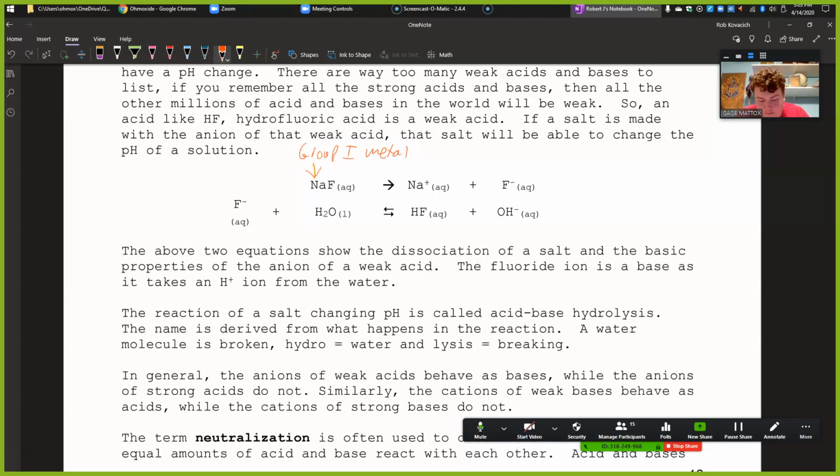What do you know about Group 1 metals? I know they're metals. They are always soluble.